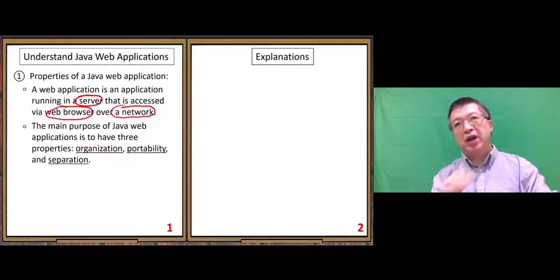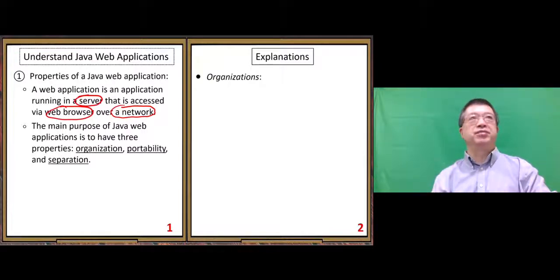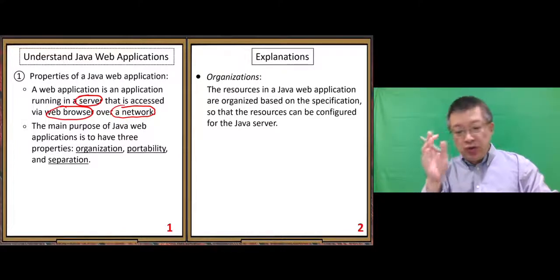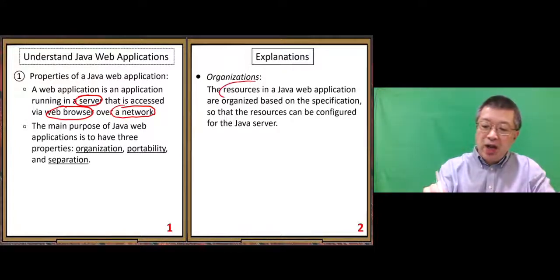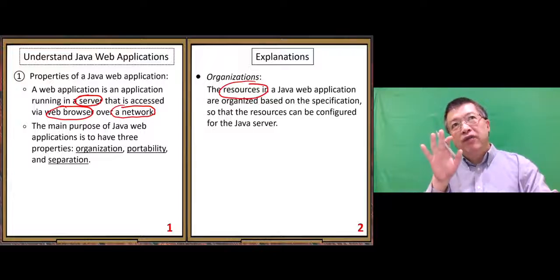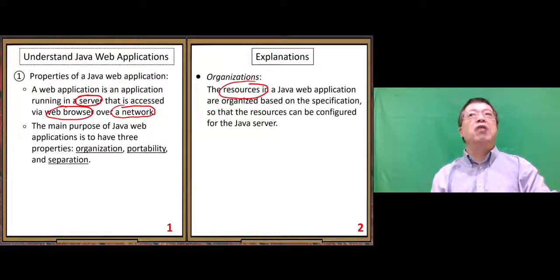So let me explain one by one. The first one, organizations. We need to organize the resources inside a Java Web Application. But what do you mean the resources? So something useful. So typically, we talk about the files inside a Java Web Applications.